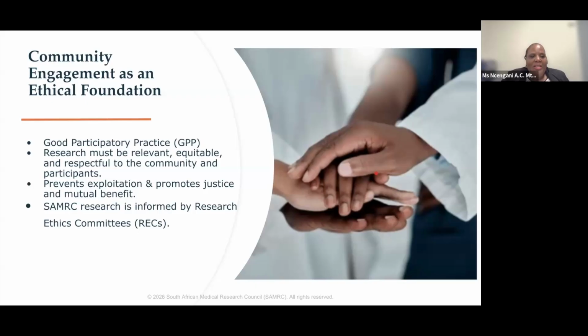It plays a critical role in preventing exploitation and promoting justice and mutual benefit between researchers, participants, and the communities. For the South African Medical Research Council, our research is always guided by the Research Ethics Committee, which ensures that a community's interests are always protected. Next slide.